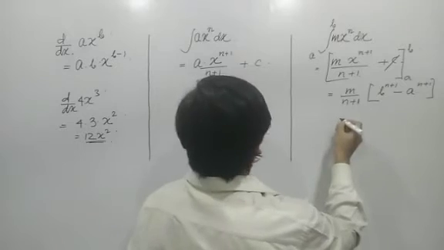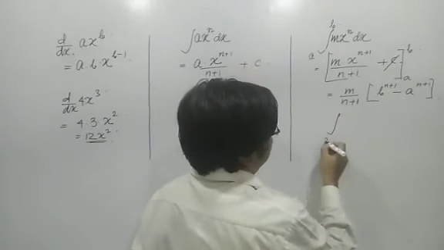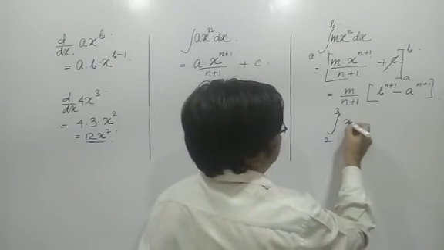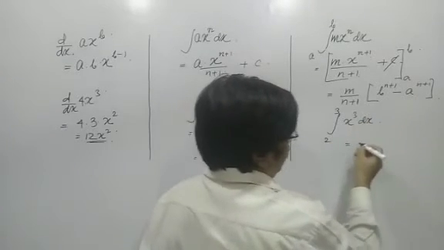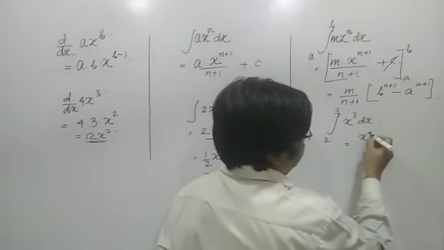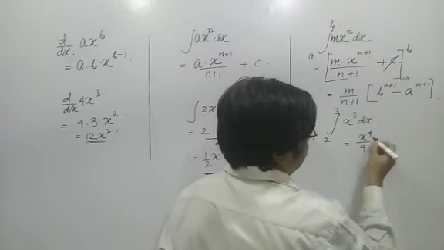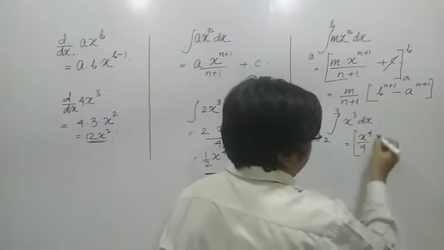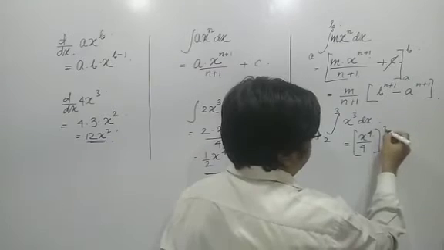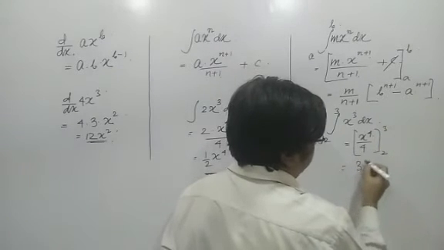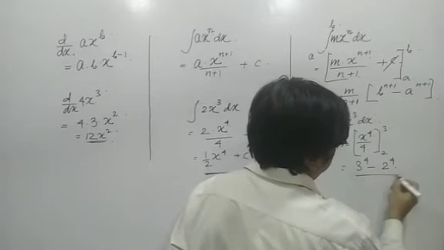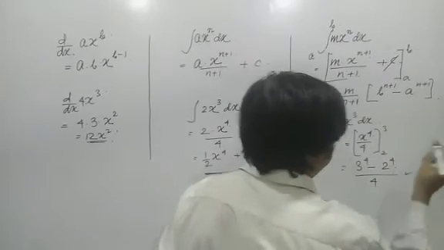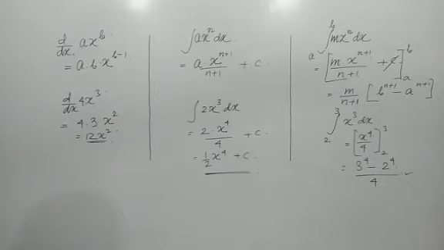If you are given, suppose, integration from 2 to 3 of x³ dx, it is equal to x⁴/4, lower limit 2, upper limit 3, it is (3⁴ minus 2⁴)/4. Very simple, isn't it?